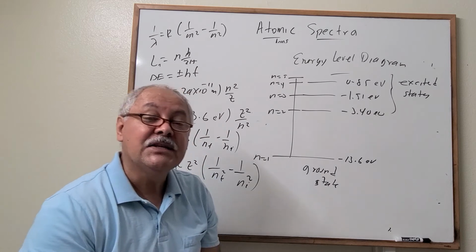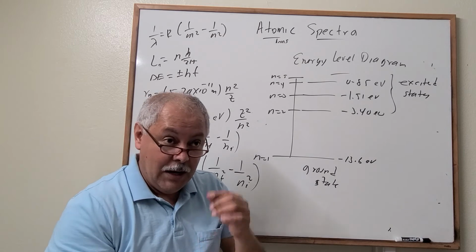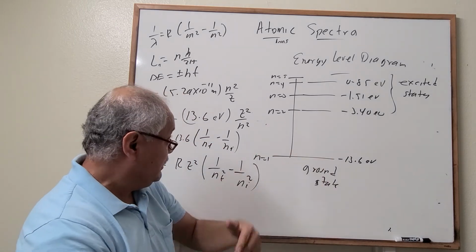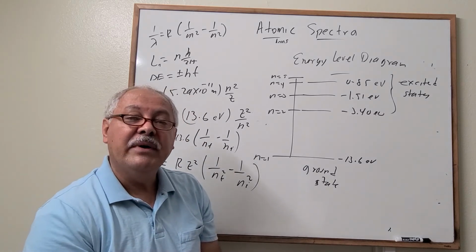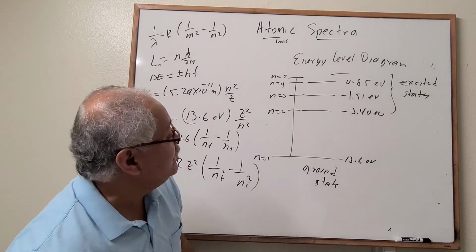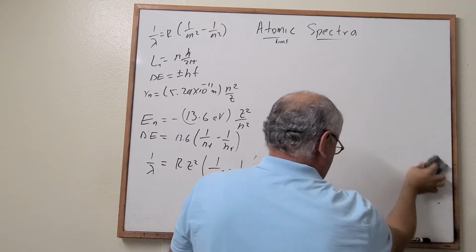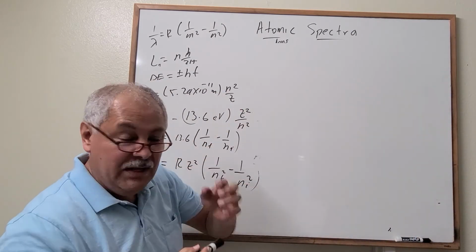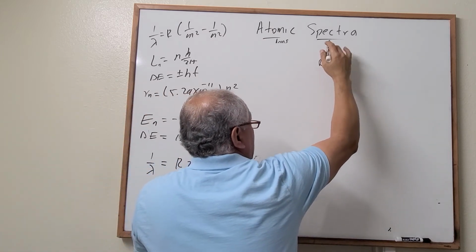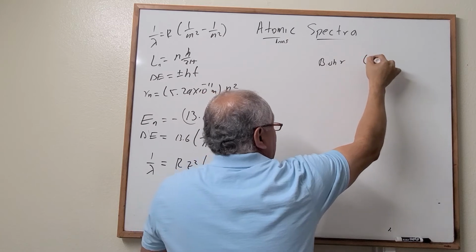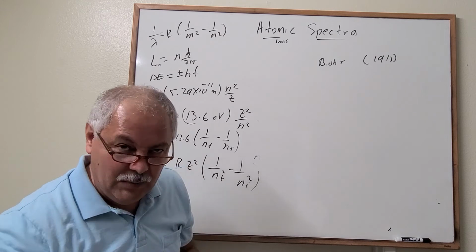And finally, let's apply the de Broglie wavelength to this analysis and find why the angular momentum is quantized. Okay, let's do it. This model of Niels Bohr was from 1913. Ten years later, we have the de Broglie wavelength.